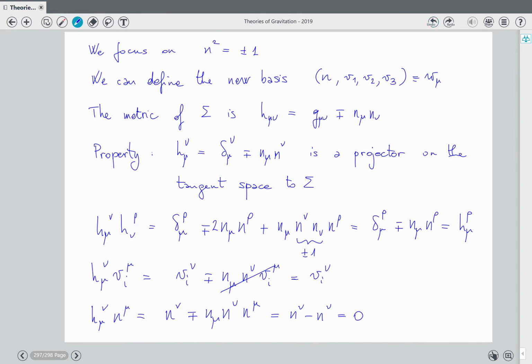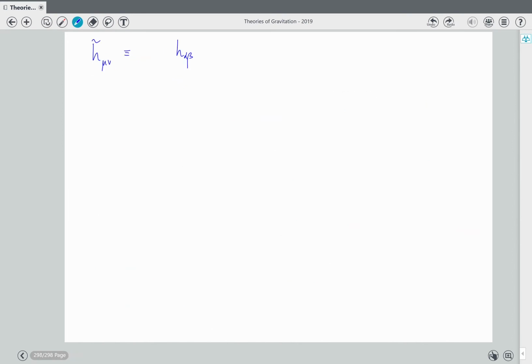So, like that metric, with a change of basis, which is now given by the new basis here. So basically, we contract like that.